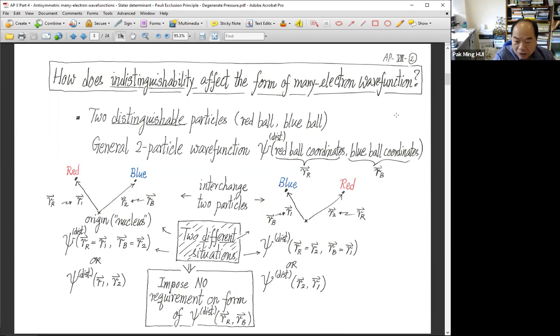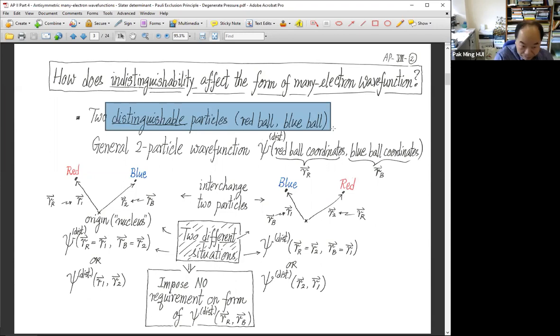So here I try to start with the simplest situation where you do have distinguishable particles. By that, I can mimic it as a red ball and a blue ball, so that they are different colors and I can distinguish them. Okay, so let's consider that we have a 2-particle wave function.